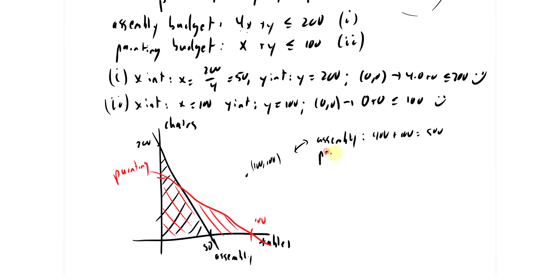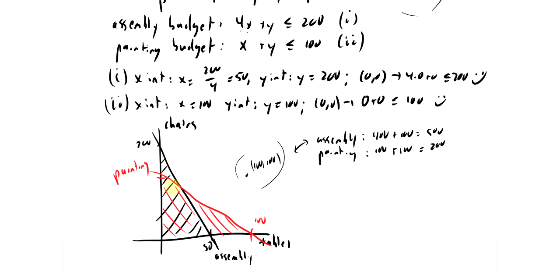And painting would be 100 hours for tables, plus another 100 hours for chairs. That's 200. Still also way over budget. So you can't make this many because you just don't have the time.